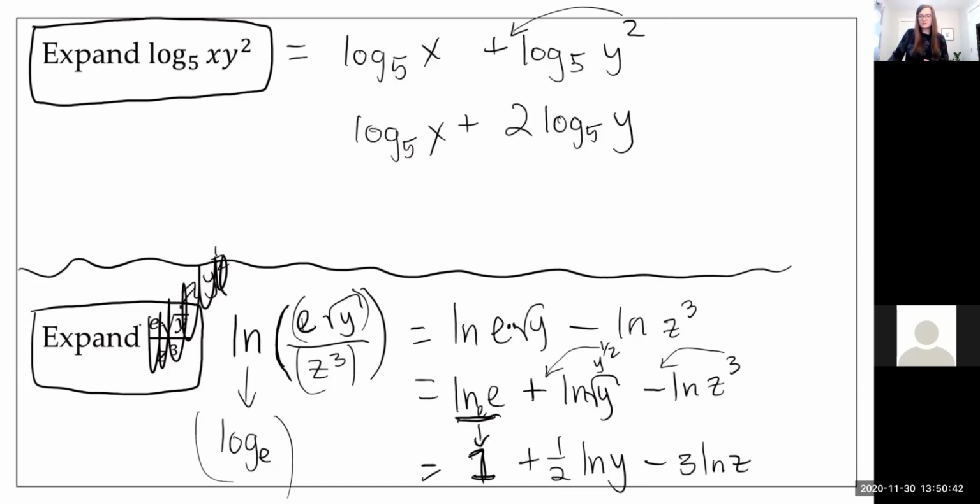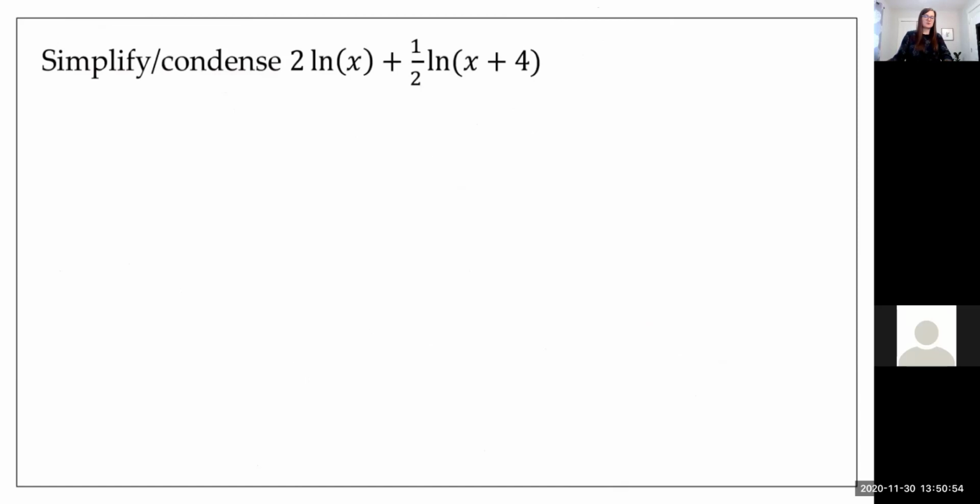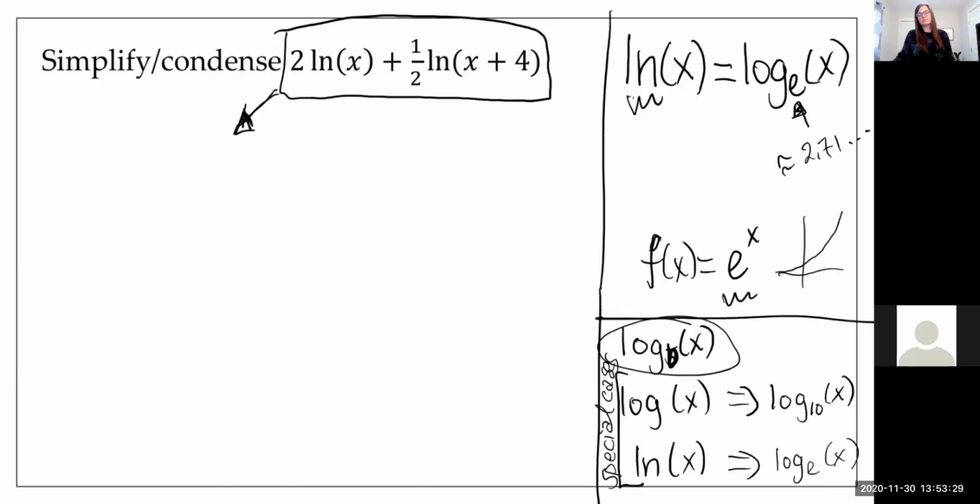Okay, so the other direction is of course the other way. So you'd be given this and asked to combine it to a single log. And sometimes that's a useful strategy to use when you're solving these equations. So let's see if you can try to condense this back to what it would have been before it was expanded. So somebody's expanded it. How do you condense that? You have that half there that's going to come back into it as an exponent.